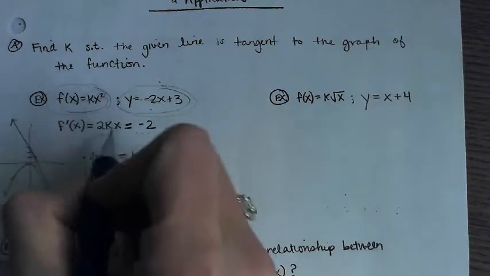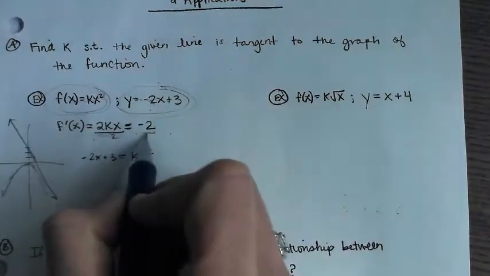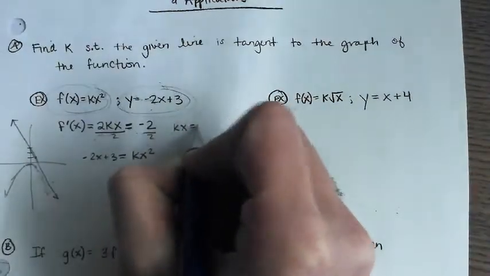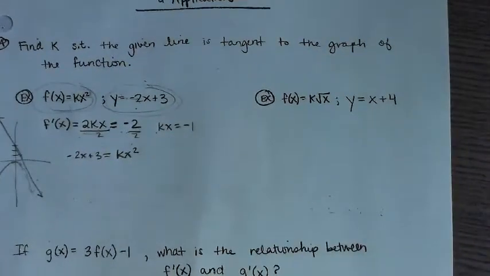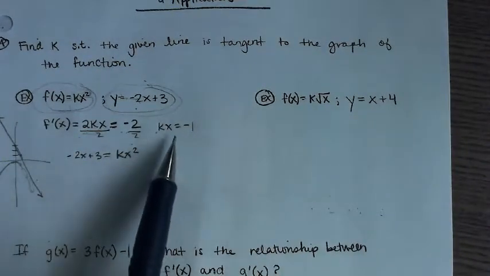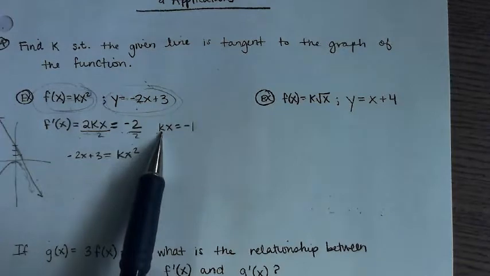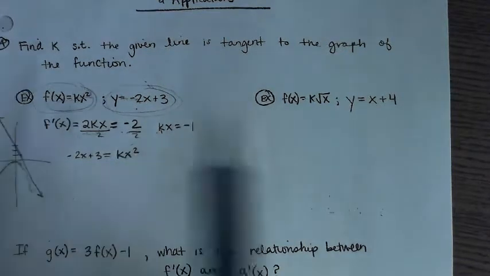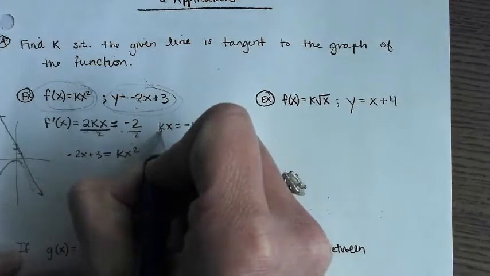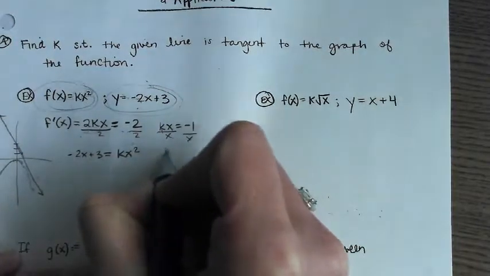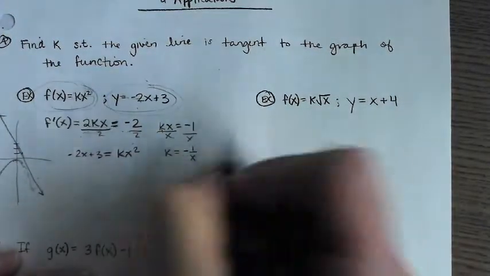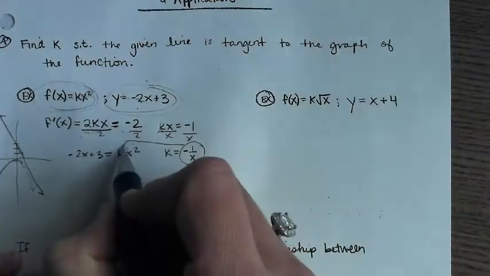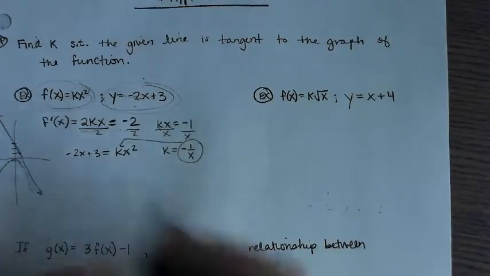I think this would be, if I divide both sides by 2 here, kx equals -1. And then it's probably going to be easiest to solve for k, yes? So divide both sides by x. So k is going to be the equivalent of -1 over x, and then we can use that back in here.